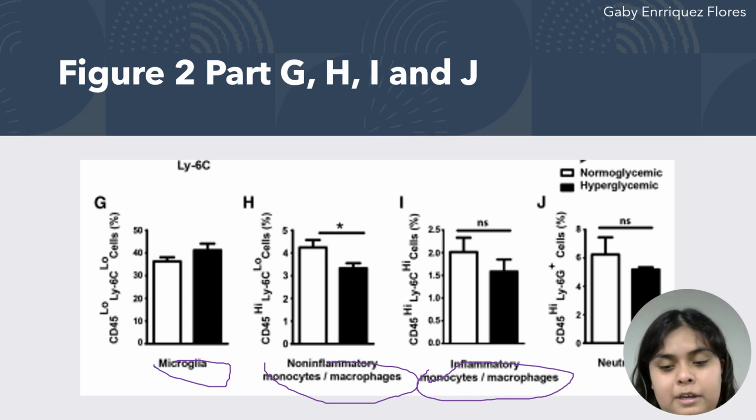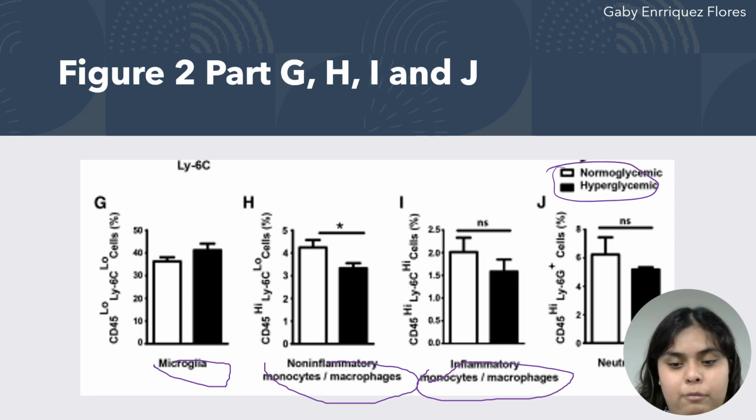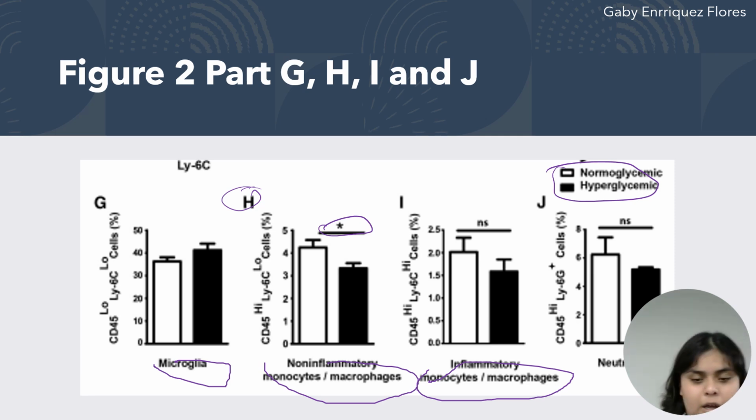And we can see here, based on the key right here, white is normal glycemic and hyperglycemic is the other. As we can see, H has the most significance, as we can see here from the asterisk.